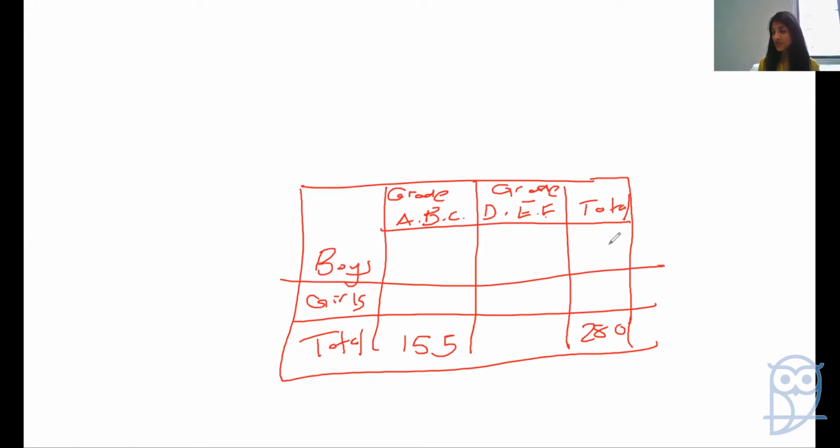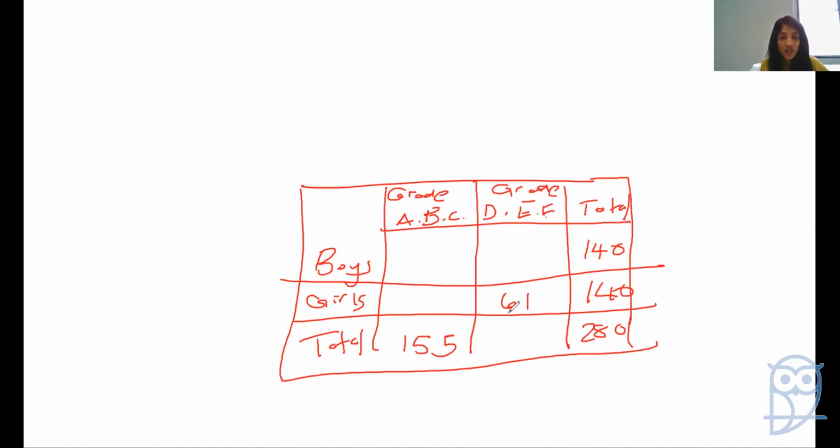So let's see what's given to us. What is given to us is the fact that we know 61 girls are getting D, E, and F. Okay, so we always go with whatever's given to us. Yes, we know half of 280 is 140. So half of the students are boys and half are girls.